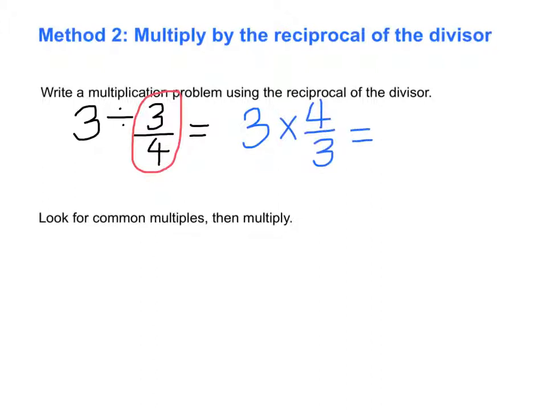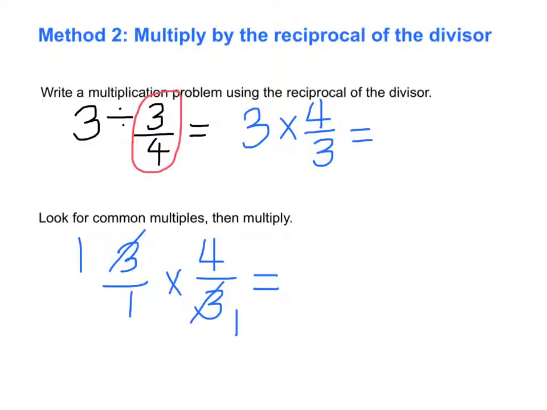Can we solve this problem now? First we look for common multiples. We know that 3 is the same as 3/1, and 4/3. Are there any common multiples? Remember, we can look for things that are the same in the numerator and the denominator. Is there anything that's the same? Ria? 3 and 3. So we can cross those out and make those into 1.